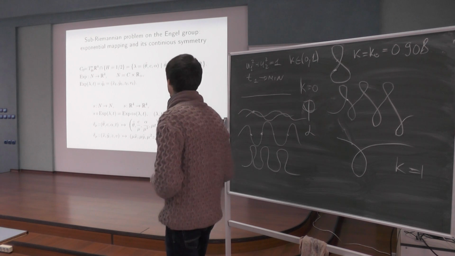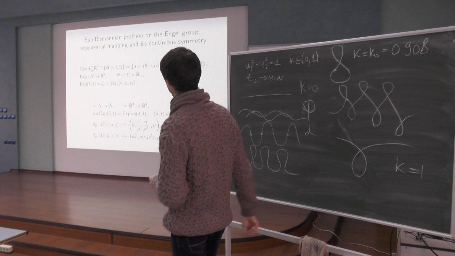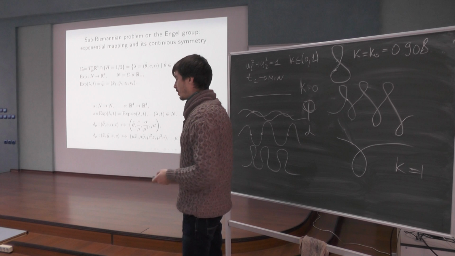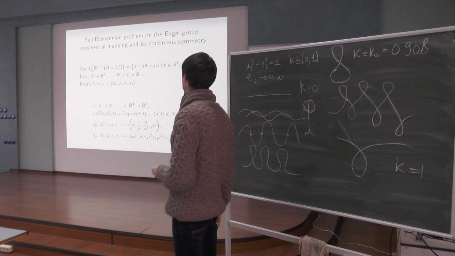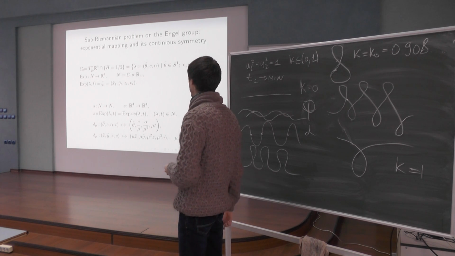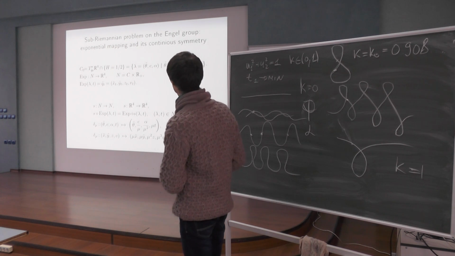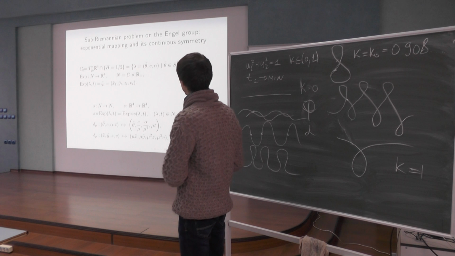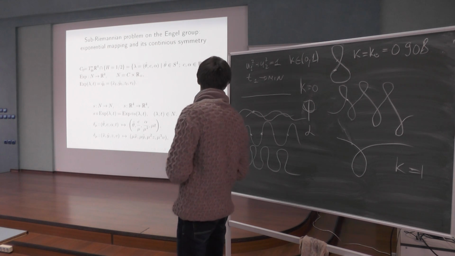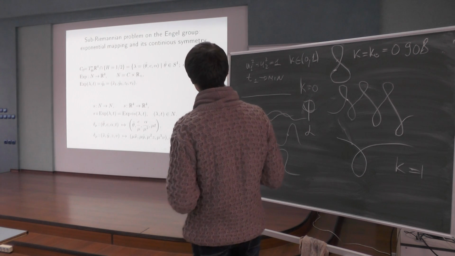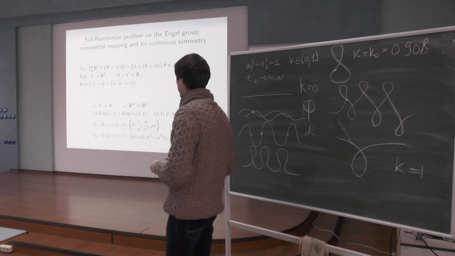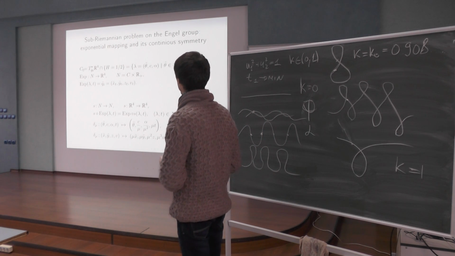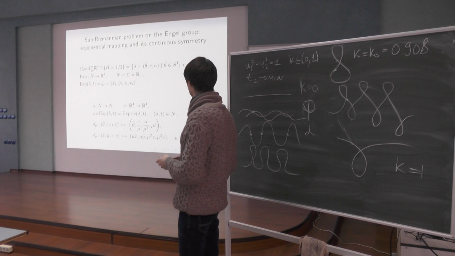So we construct the exponential mapping which gives us all extremal trajectories, and as I said, this exponential mapping has a continuous symmetry, stretching. Later I will use this symmetry in my investigation.